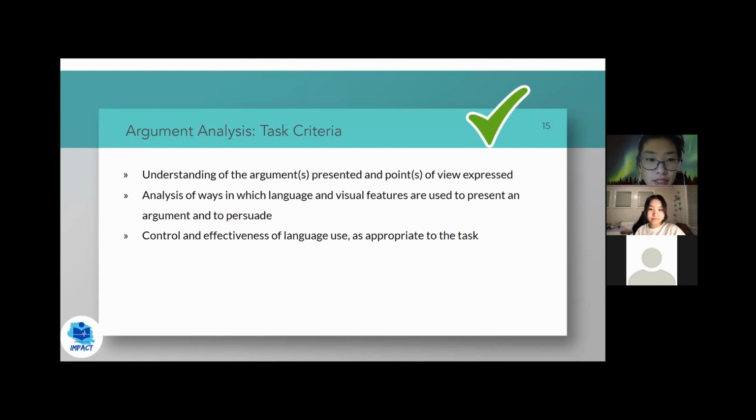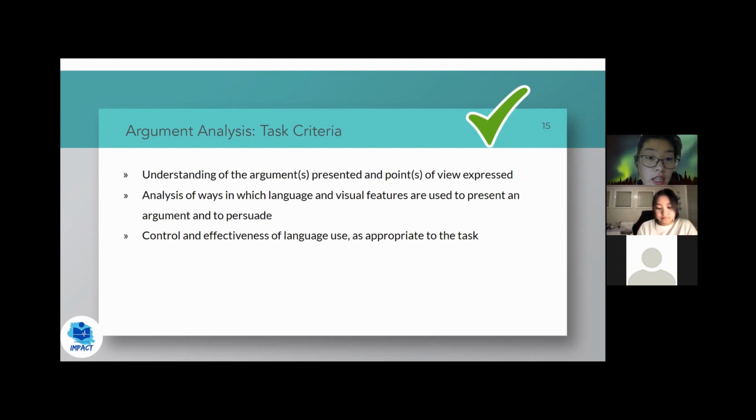So we've got task criteria. Just reiterating that it's really important to show that we understand the arguments that are presented, and even more importantly, the point of view, where the author is coming from.